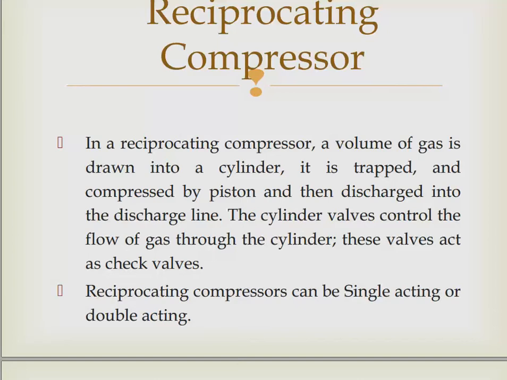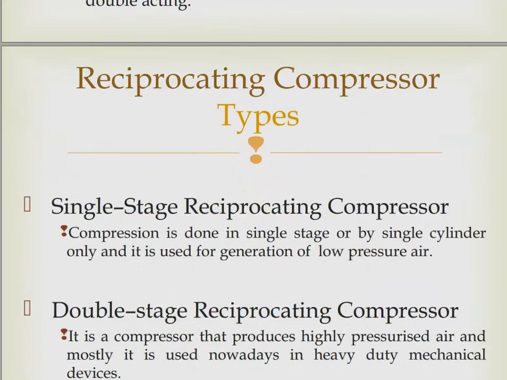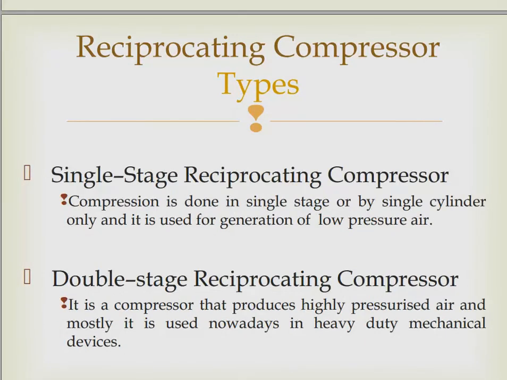The reciprocating compressor can be single acting or double acting. In the single acting, we have a single piston compressor, and in the double acting, we have double piston compressors. Then the types of reciprocating compressor: single stage reciprocating compressor and double stage reciprocating compressor.